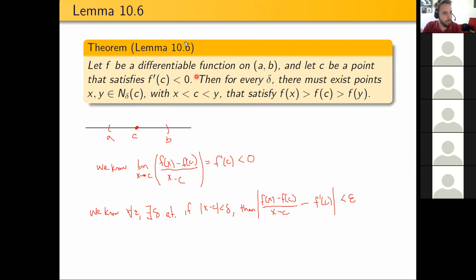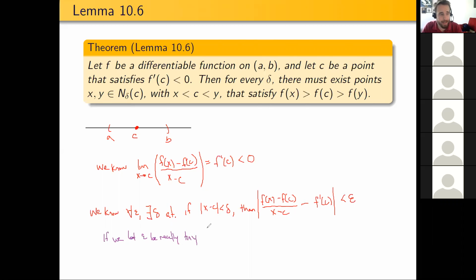And so one observation that we can make is, if we let epsilon be really tiny, right?